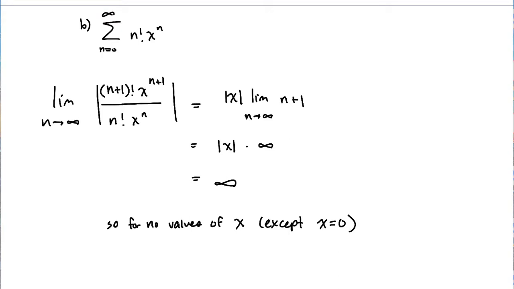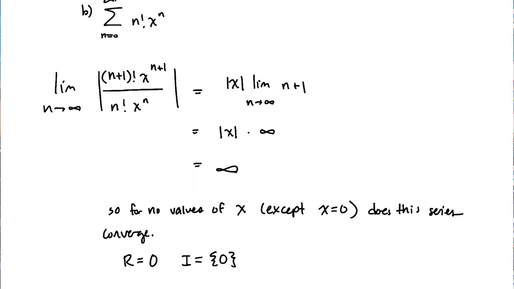So for no values of x except x equals 0 does this series converge, aka a divergent series, except at the center. So we'll say that the radius is 0 and the interval is just not really an interval. It's just 0.